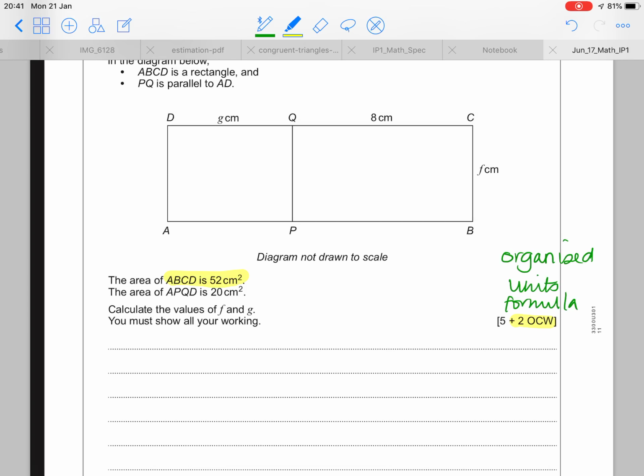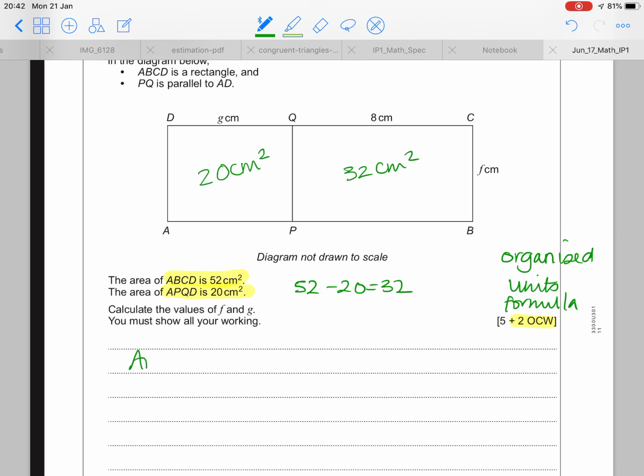And then they also tell you that the APQD is 20. APQD is just this bit, and this bit is just 20. So if I know this bit is 20, and I know the whole thing is 52, then this bit must be 32 centimetres squared.